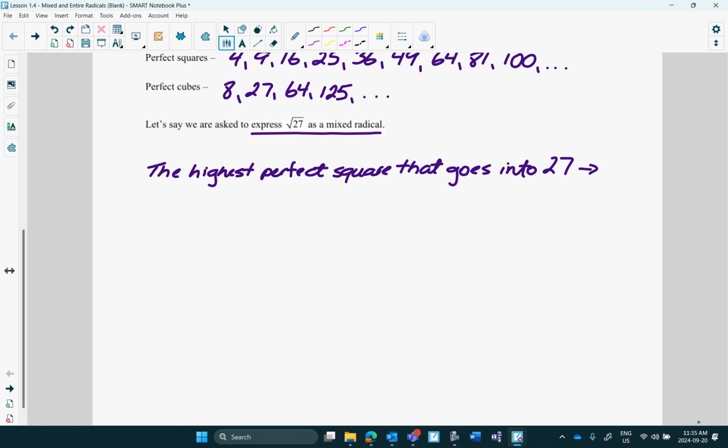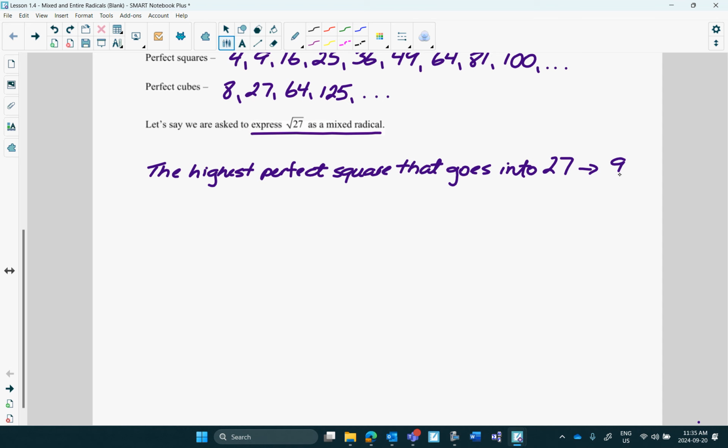What is the highest perfect square that goes into 27? 25 does not divide evenly into 27. Divides evenly into. Look at your list. What number goes into 27 evenly? 9.